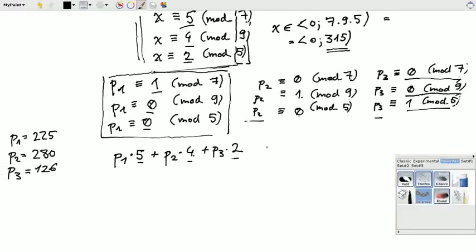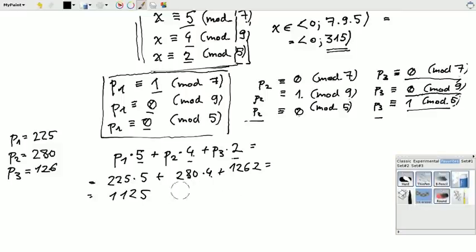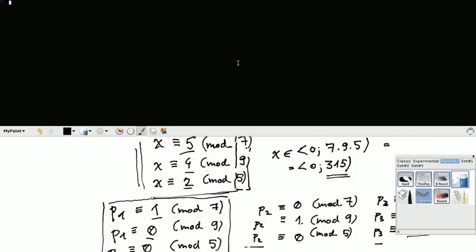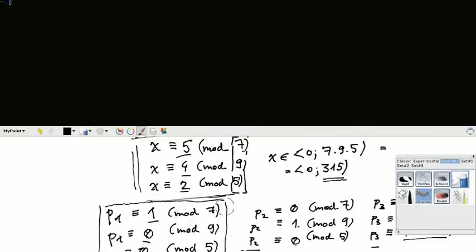So let's do the grand calculation. 225 times 5 plus 280 times 4 plus 126 times 2, that is equal to... You know what? I'll just do the calculation somewhere else because I'm prone to failing if I do it in my head or on paper.